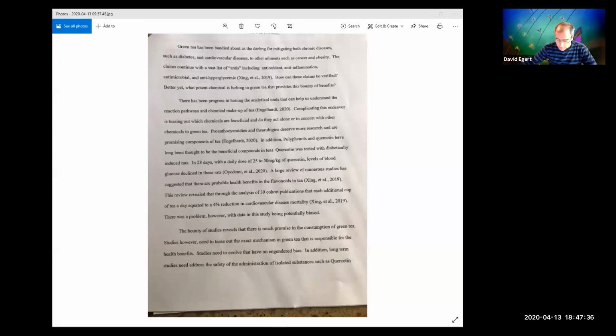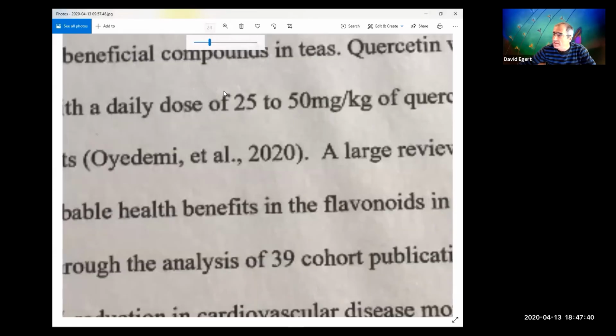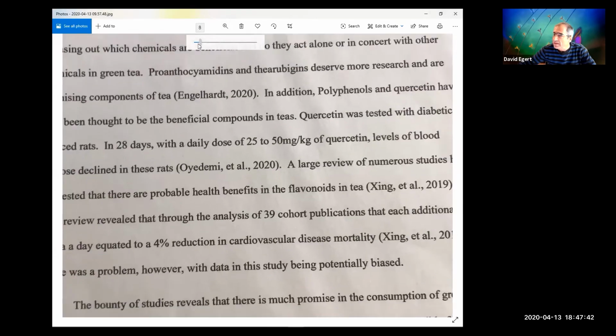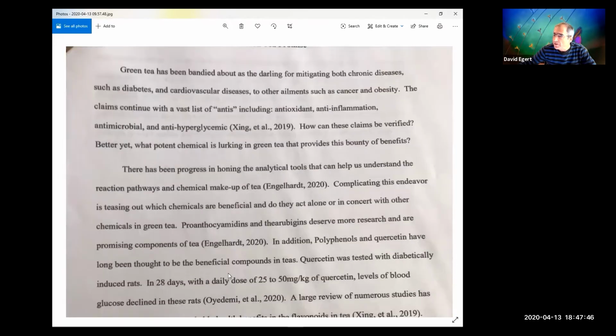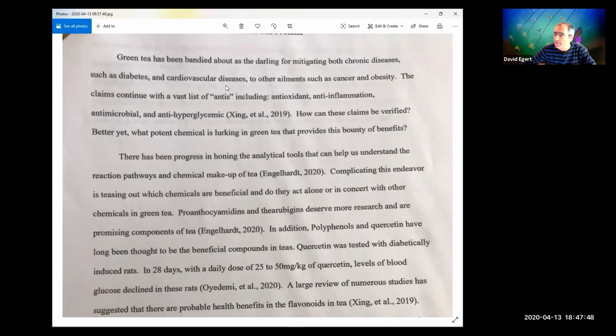All right, so I'm starting with one here that actually is pretty good. So they're writing about green tea. You don't have to be this fancy, but you should make sure you have good English.